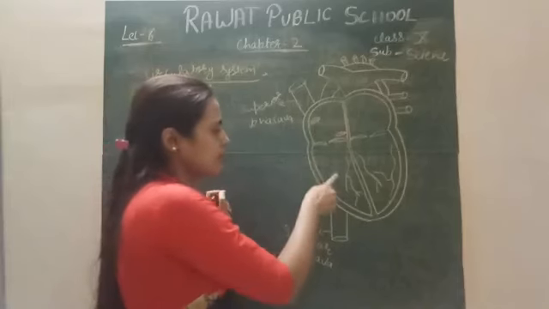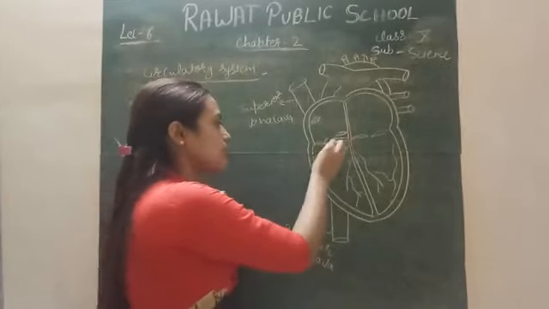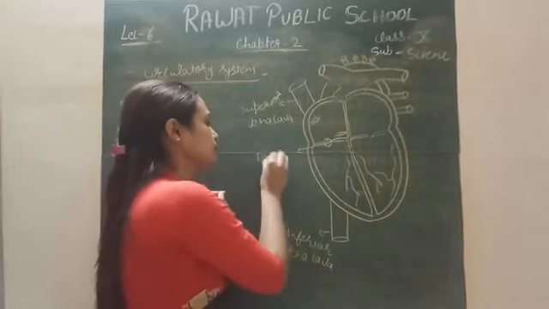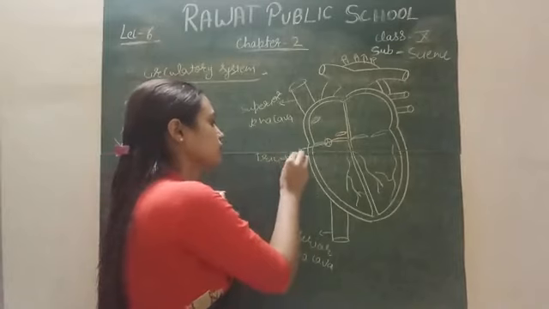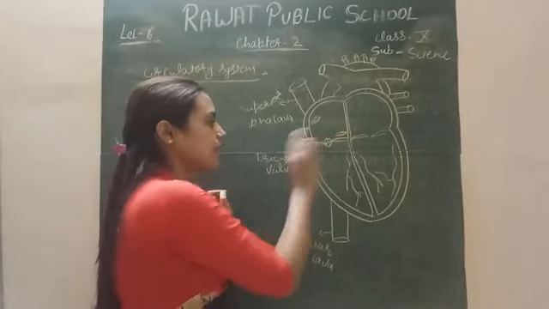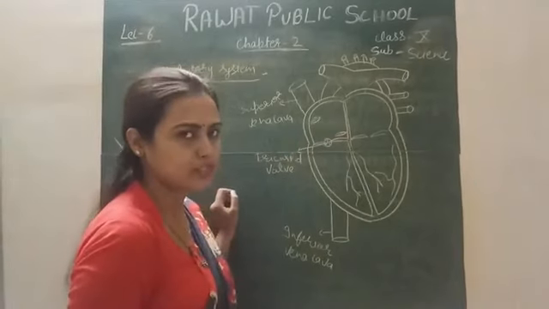The right auricle and right ventricle are separated by a valve called the tricuspid valve. This valve has 3 cap-like structures, that's why it is called the tricuspid valve.